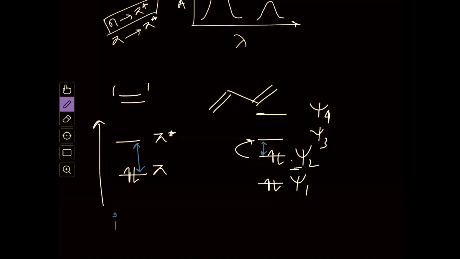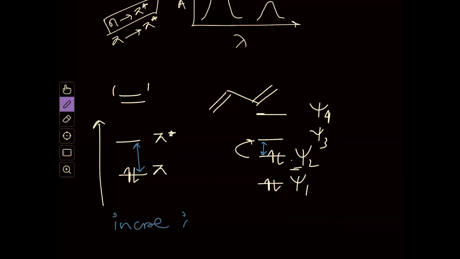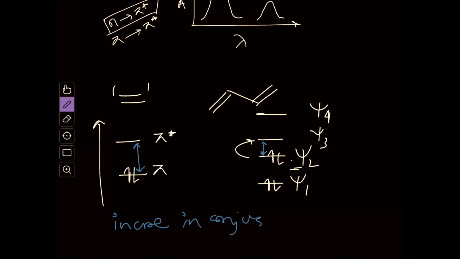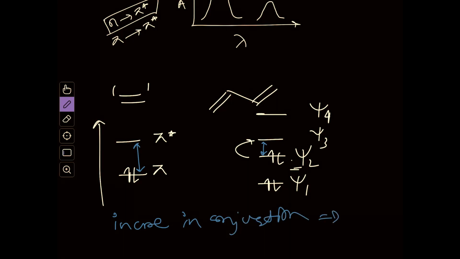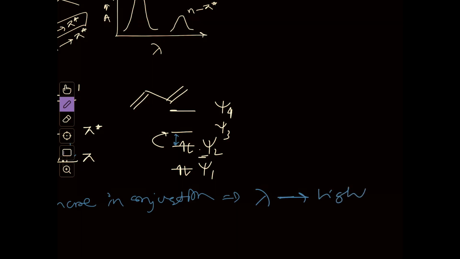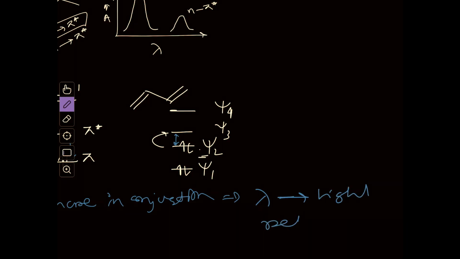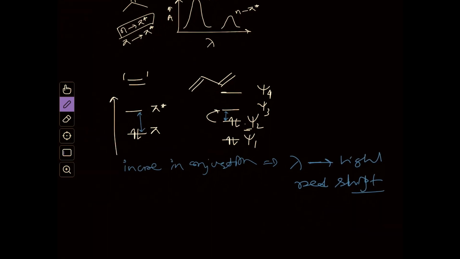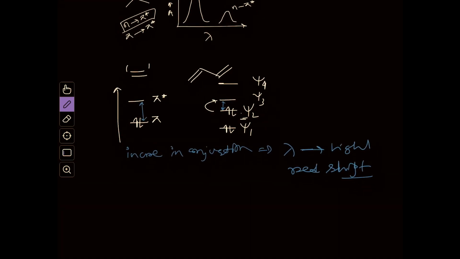So with an increase in conjugation, the lambda will be shifted to the red region, or to the higher wavelength value, and this is called red shift. Why red shift? Because red light falls into the high wavelength region.